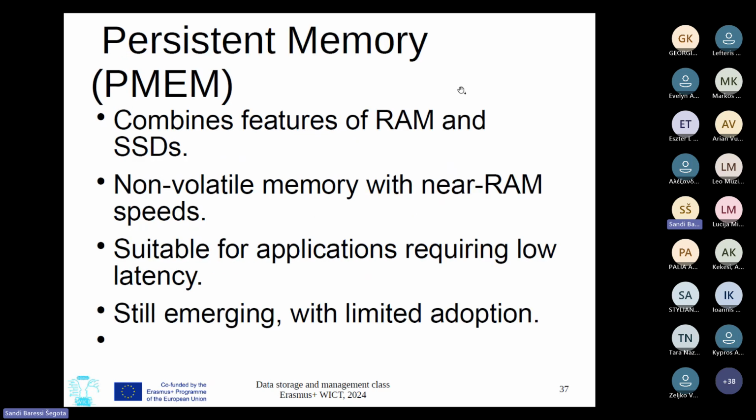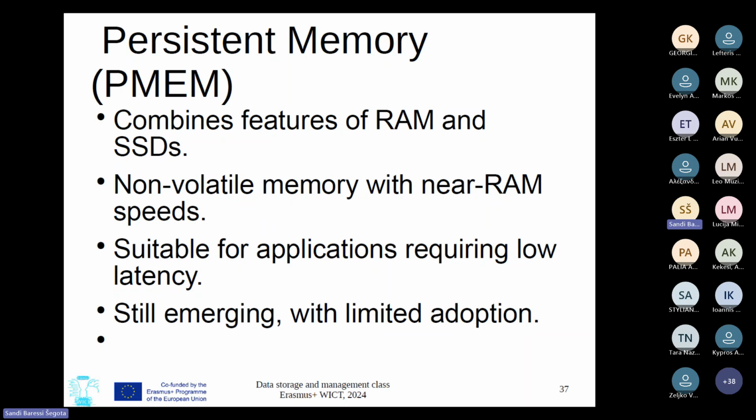And there are some more advanced storage structures. For example, persistent memory essentially combines certain features of RAM and SSDs. Practically speaking, for us end users, this is essentially a much faster SSD.